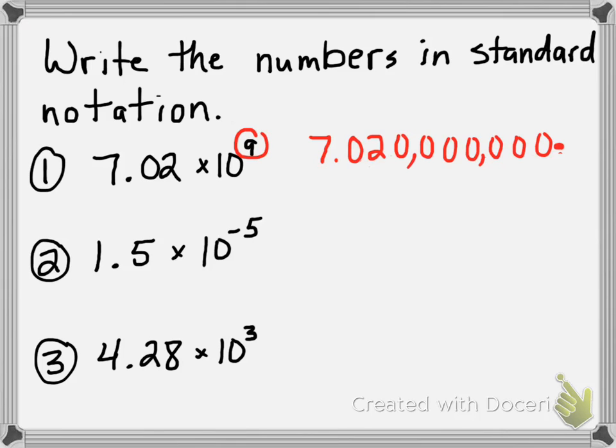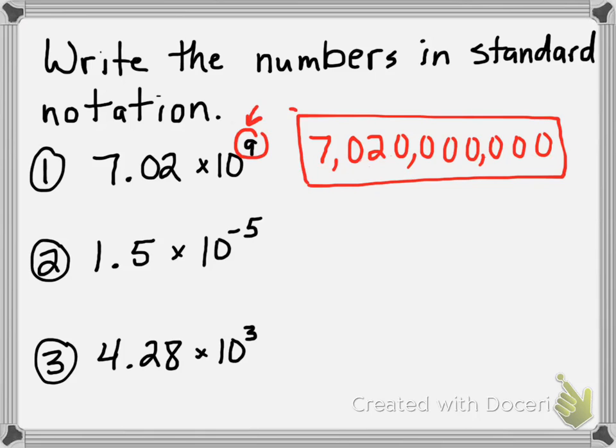Now I don't really need that other decimal either, okay, but I do need my commas. So this number, 7.02 times 10 to the 9th power, is really just 7,020,000,000. And that's my answer. And again, I know that that's the right answer because that's a big number and that was a positive exponent. Positive exponents give me large numbers.